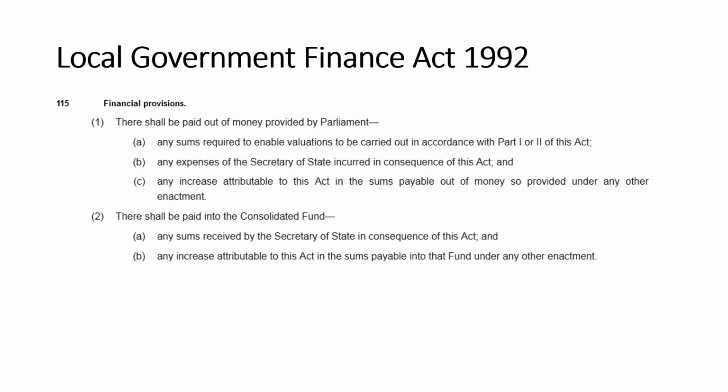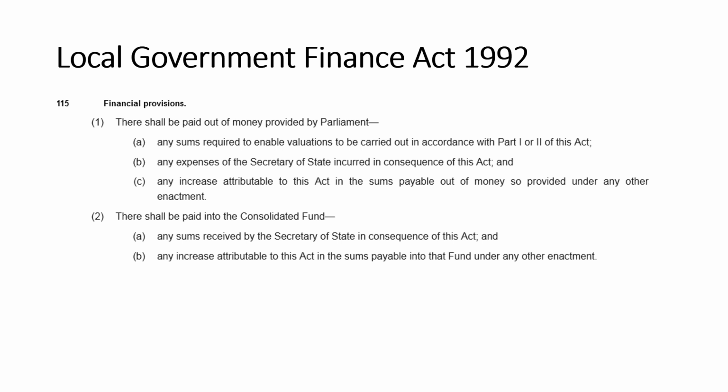And then if we go to the Local Government Finance Act 1992, financial provisions, there shall be paid out money provisions by Parliament, any sum required to enable the valuations to be carried out with parts 1 or 2 of the Act, any expenses of the Secretary of State incurred in consequence of the Act, any increase attributable to the Act in the sums payable out of money so provided under any enactment.